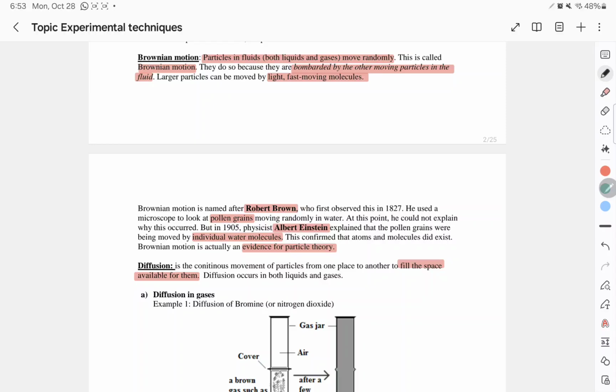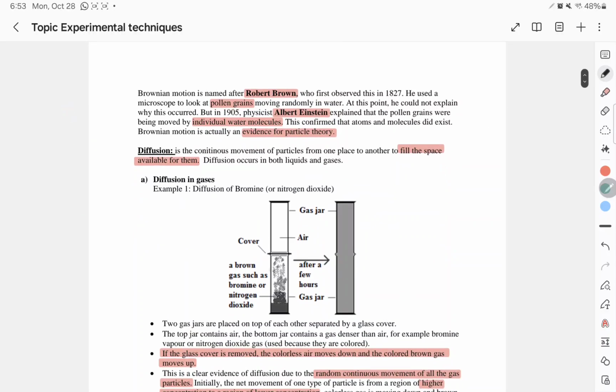They're light and fast moving, and it's named after Robert Brown when he saw pollen grains but didn't figure it out until Einstein did later on with water molecules, and this was the evidence for the particle theory. This is not important. I highly doubt they're going to bring anything about it.